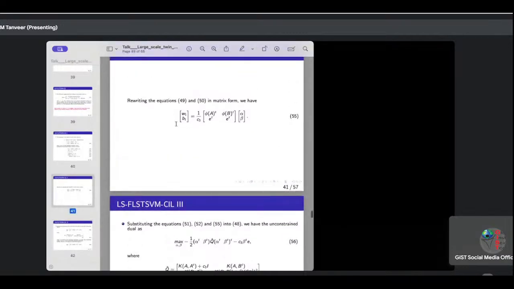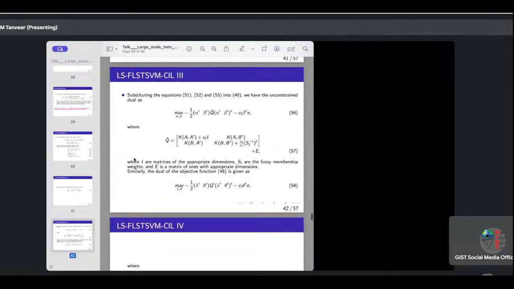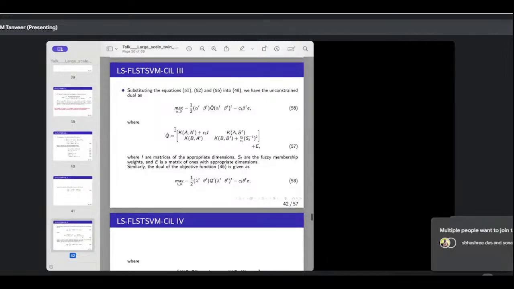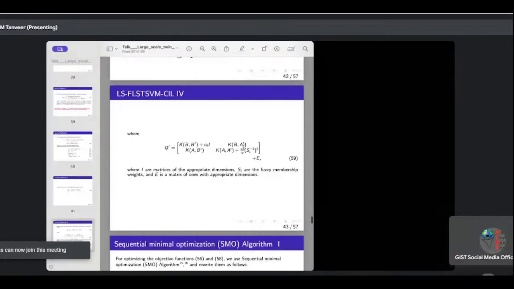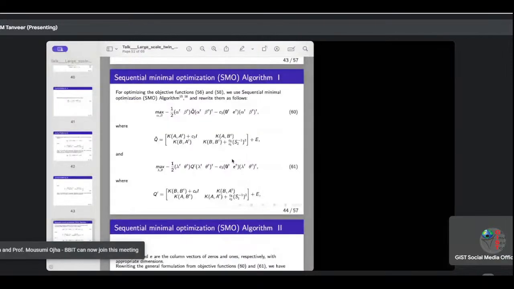W1, B1, you can see, are also free from the inverse of the matrices. And we can find this unconstrained minimization problem with Q tilde, which is also free from the inverse of matrices. And we are using SMO techniques here to solve this problem.